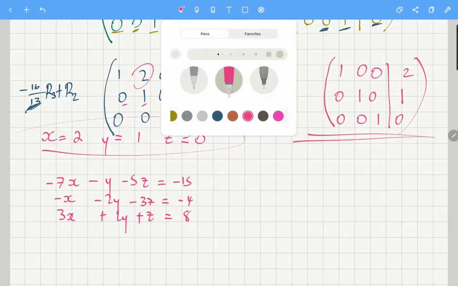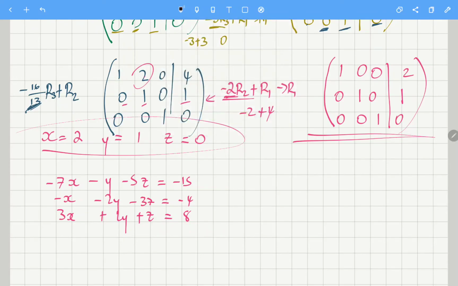Doing the substitution, minus 7 times 2 minus 1 is minus 14 minus 1, which equals minus 15, so that's fine.